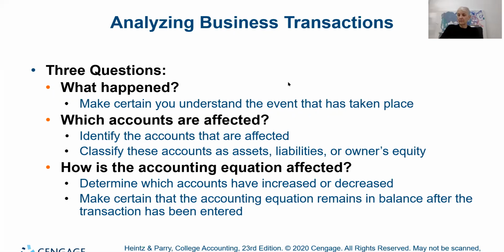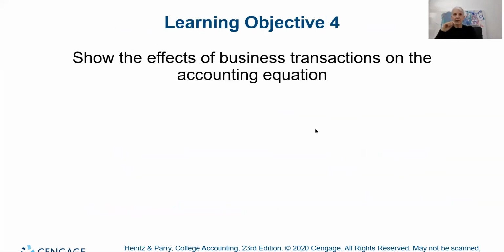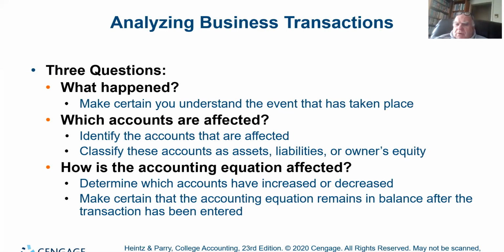And once you ascertain that it's a reasonable number, now you're ready to say, I'm ready to record this. What accounts are affected? Well, in our example here, the electric bill, well, that's an expense. Electricity is clearly an expense. And we're probably not going to pay it right now. We're going to pay it later. So a liability would go up. So those would be the accounts: electric expense and accounts payable.